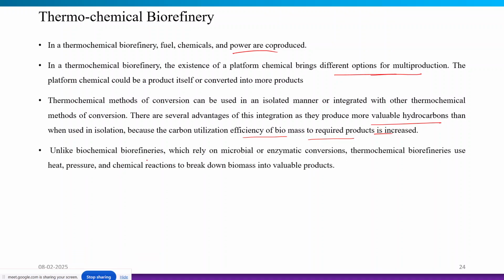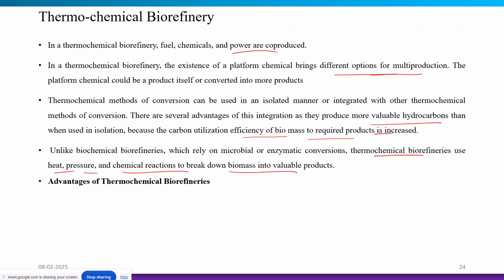Unlike the biochemical biorefinery, which rely on microbial and enzymatic conversion, these thermochemical biorefineries use heat, pressure, and chemical reactions to break down the biomass into valuable products in a faster way. This is a faster process rather than enzymatic or microbial conversion process.